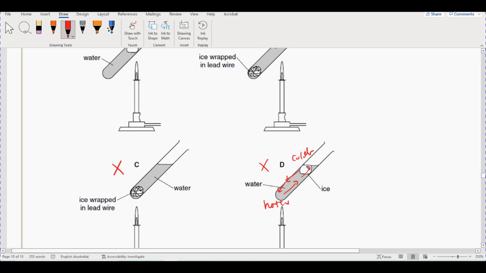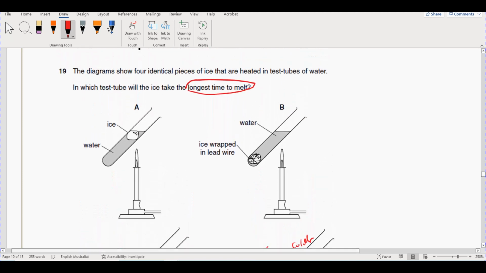Okay. So when I say it's wrong, it doesn't mean you can't melt the ice. It just means it will take shorter time to melt it because our question is about the longest. It's most difficult, most ineffective in terms of melting the ice. So how about the other two? The gut feeling will guide you to think about B because the fire and the ice are further away, and also that's one fact.